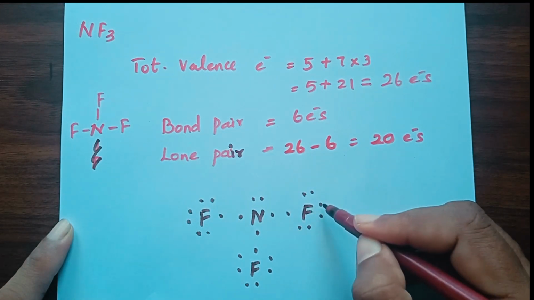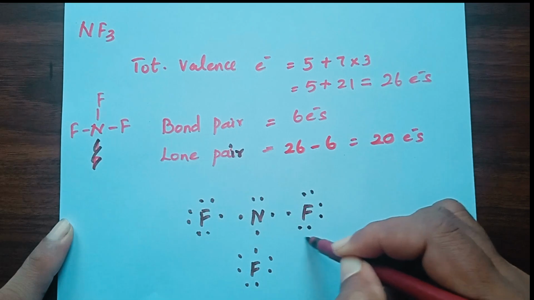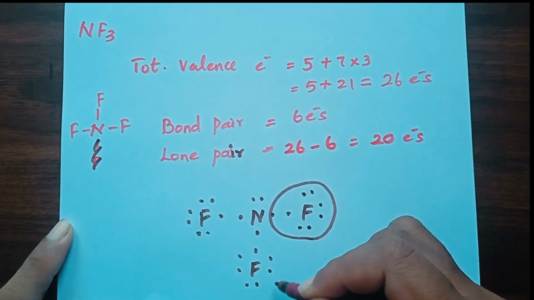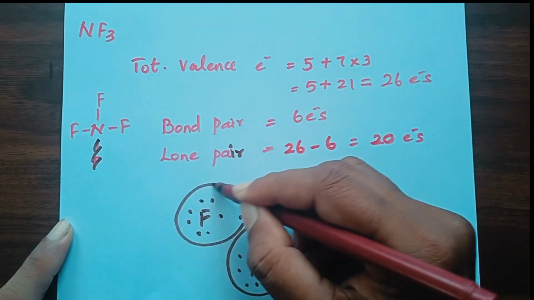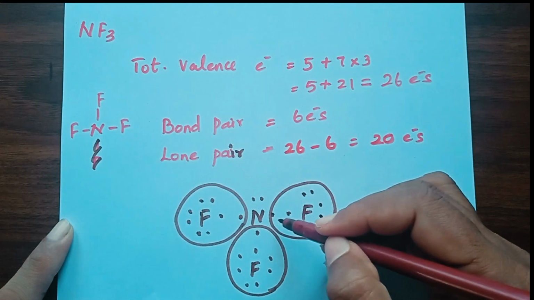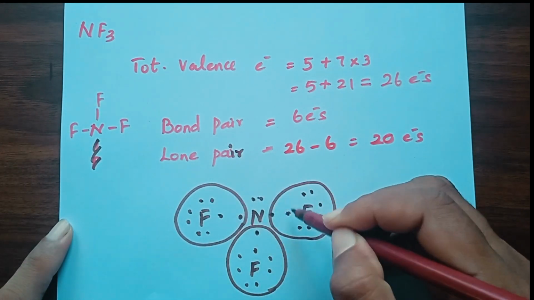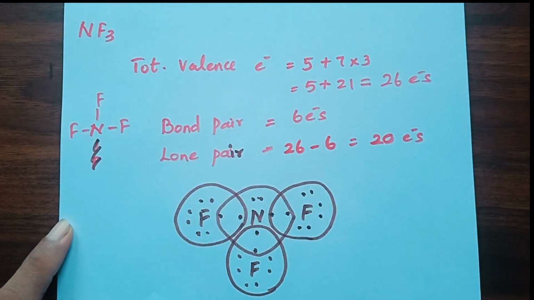For this fluorine the octet rule is attained, 1, 2, 3, 4, 5, 6, 7 and 8, and likewise for the other fluorines. For nitrogen, 1 through 8, the octet rule is attained for nitrogen also.